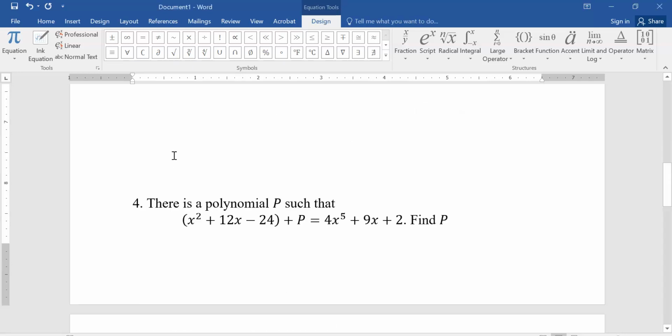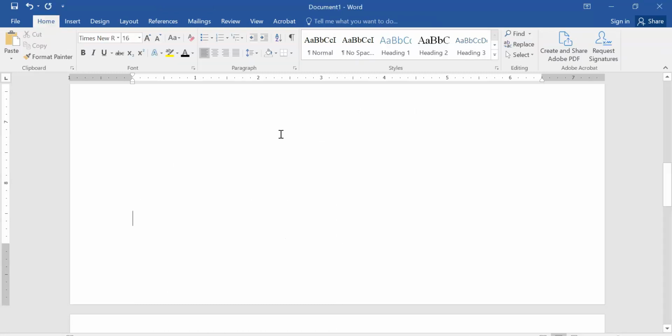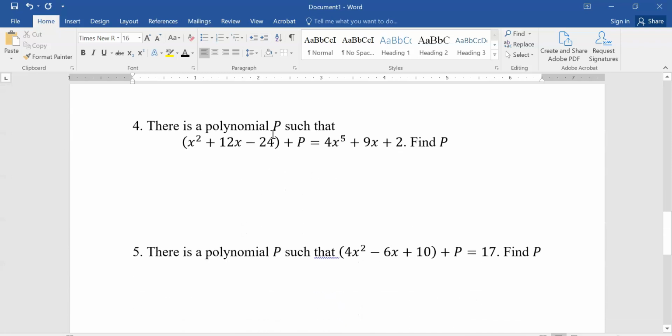Now, problem number 4 is the same way. It says find the polynomial such that x squared plus 12x minus 24 plus the polynomial is equal to 4x to the 5th plus 9x plus 2.